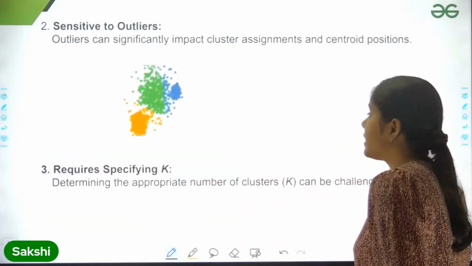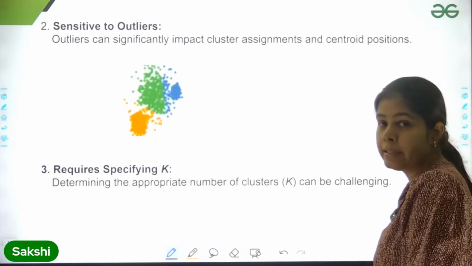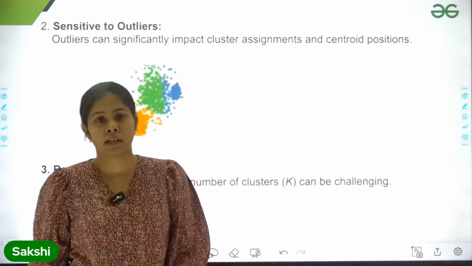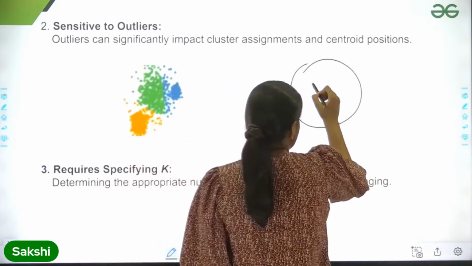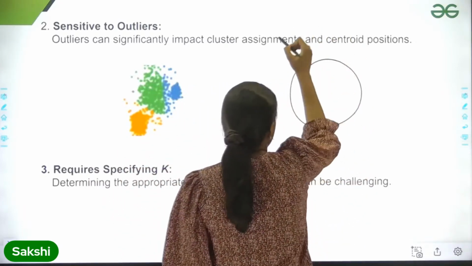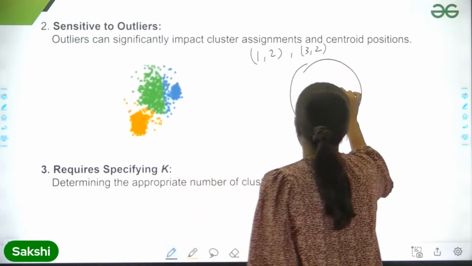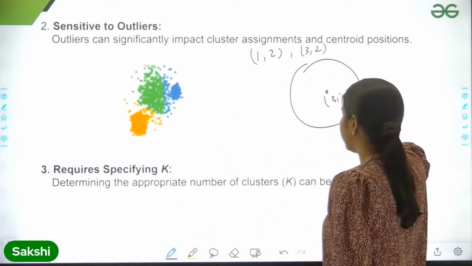Now, the next thing is that it is sensitive to outliers. Obviously, a distance function is always sensitive to outliers. What is happening here? Let's suppose previously I have taken some points 1, 2, 2, 1, 3, 2. Let's suppose I am considering this as a cluster with the point 3, comma 2.